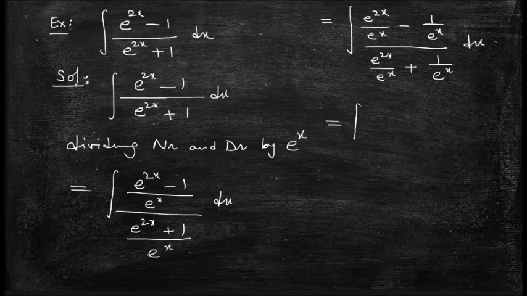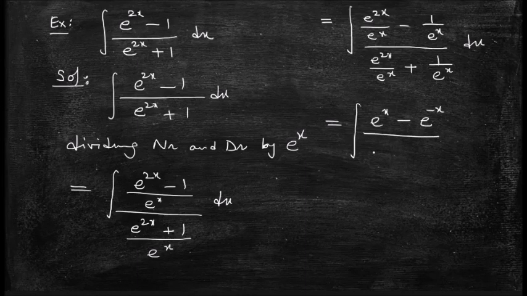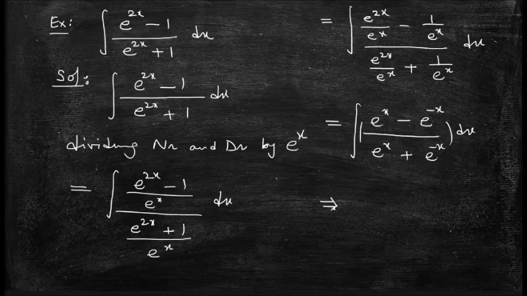Now this is integration of (e power 2x by e power x is nothing but e power x, minus 1 by e power x is nothing but e power minus x) whole by (e power x plus 1 by e power x is e power minus x) dx. Now this is in the form of f prime x by f of x, but don't write directly.